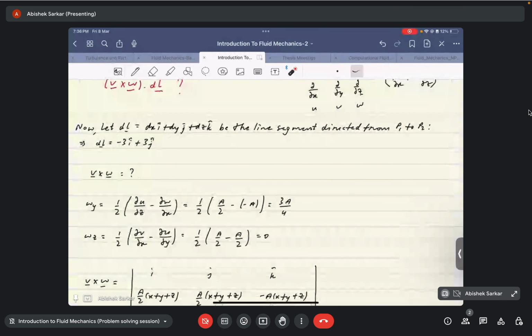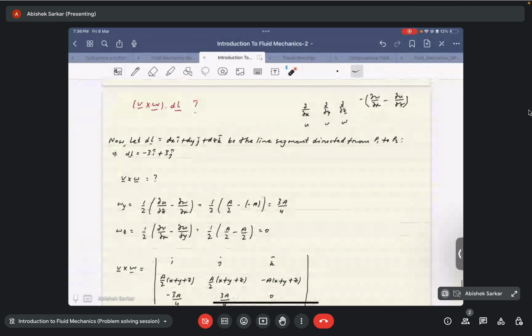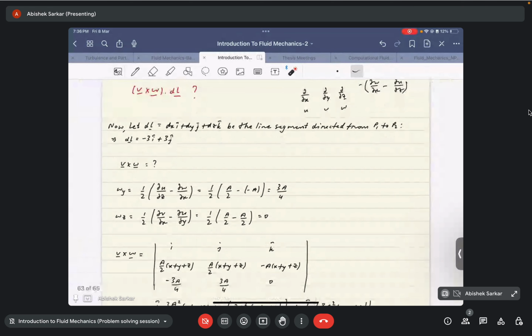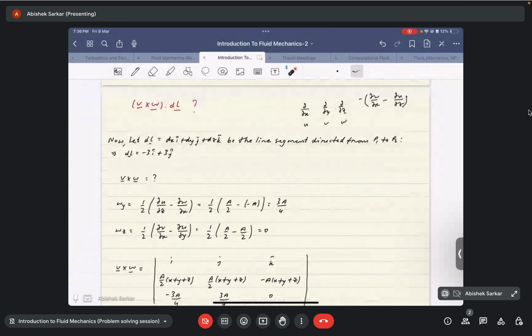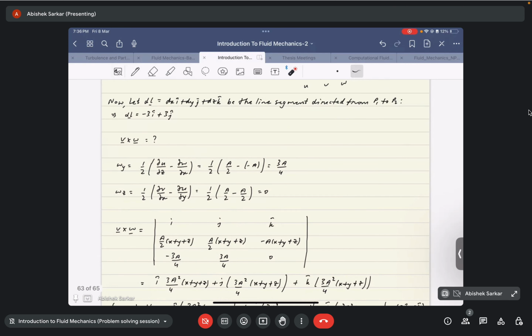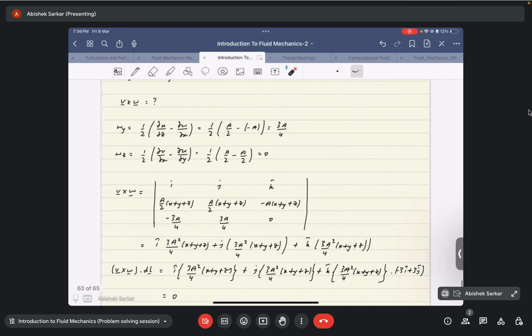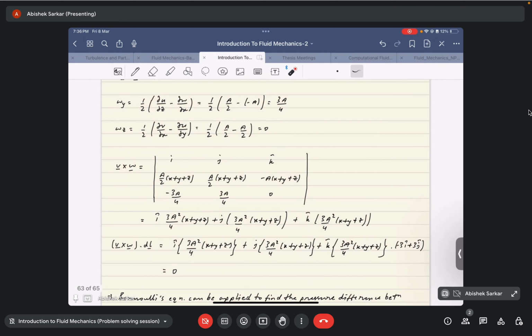Then we need to find v cross omega. Omega x we already found, which is equal to minus 3a by 4. Then omega y is again 3a by 4, and omega z is 0. To find v cross omega, we evaluate this cross product to get this expression.